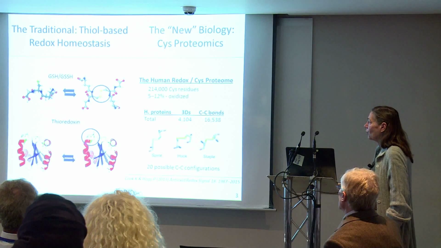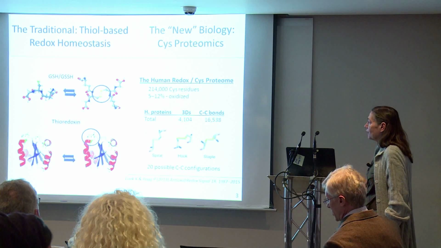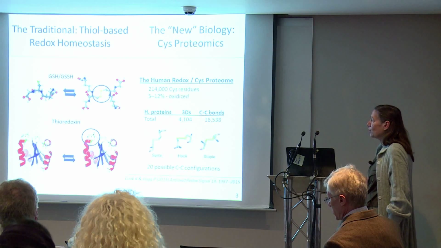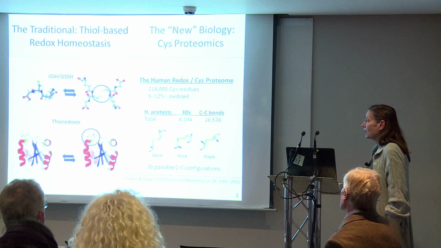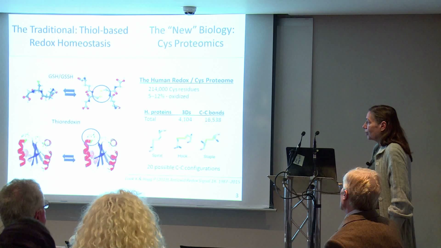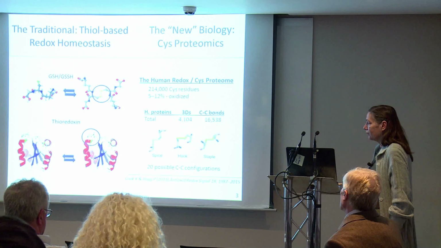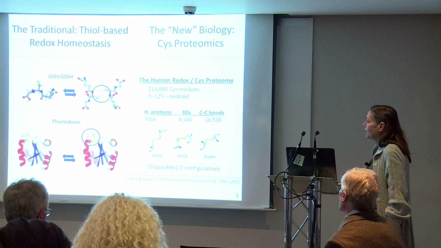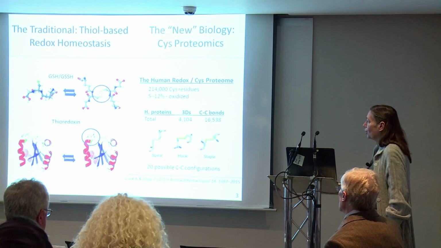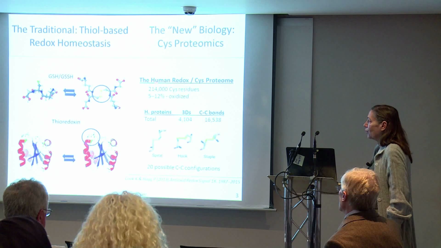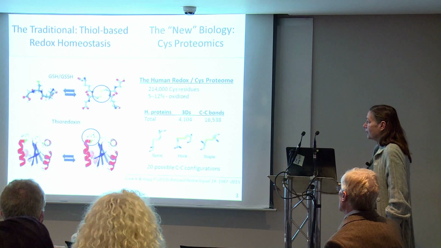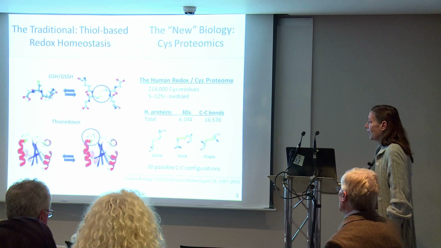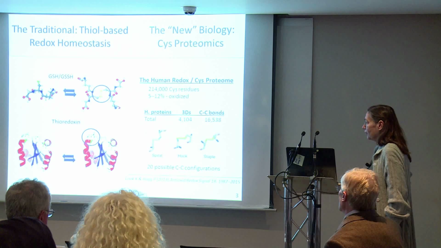So now we have a lot of statistical data. They illustrate that almost every single protein has such reversible conversions of disulfide bonds. And this is an example in the human proteome. We have over 400,000 cysteine residues existing, about 5 to 20% oxidized in the form of disulfide bonds.